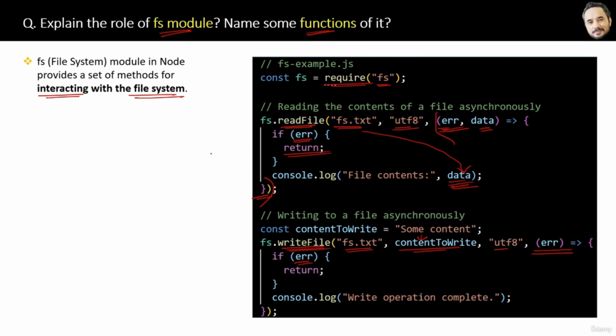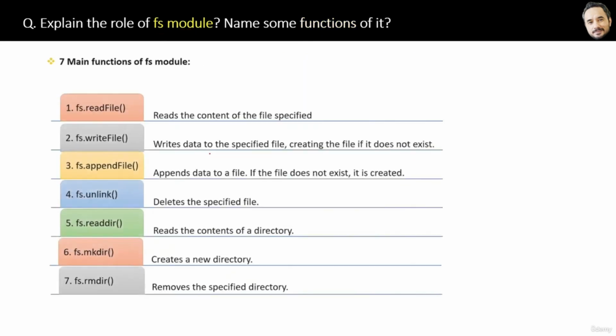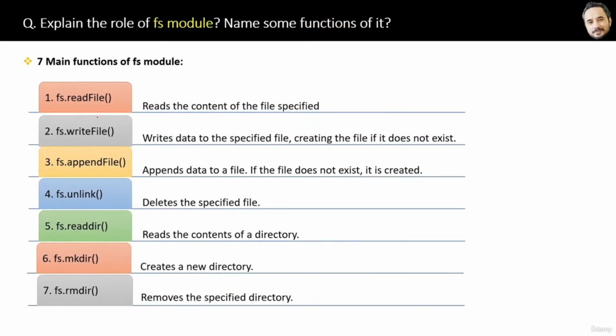Okay, great. Now here are 7 main functions of FS module. Read and write, you already know. Append file, used to append the new data with the existing data of a file. Then unlink function is used to delete the specified file. Then the read directory function is used to read the content of a directory.